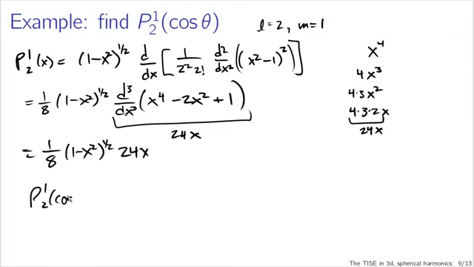P21 of cosine theta is going to be, where'd my equal sign go? Is going to be equal to 3 times 1 minus cosine squared theta to the 1/2 times cosine theta, just x. Now this 1 minus cosine squared theta, 1 minus cosine squared is sine squared.